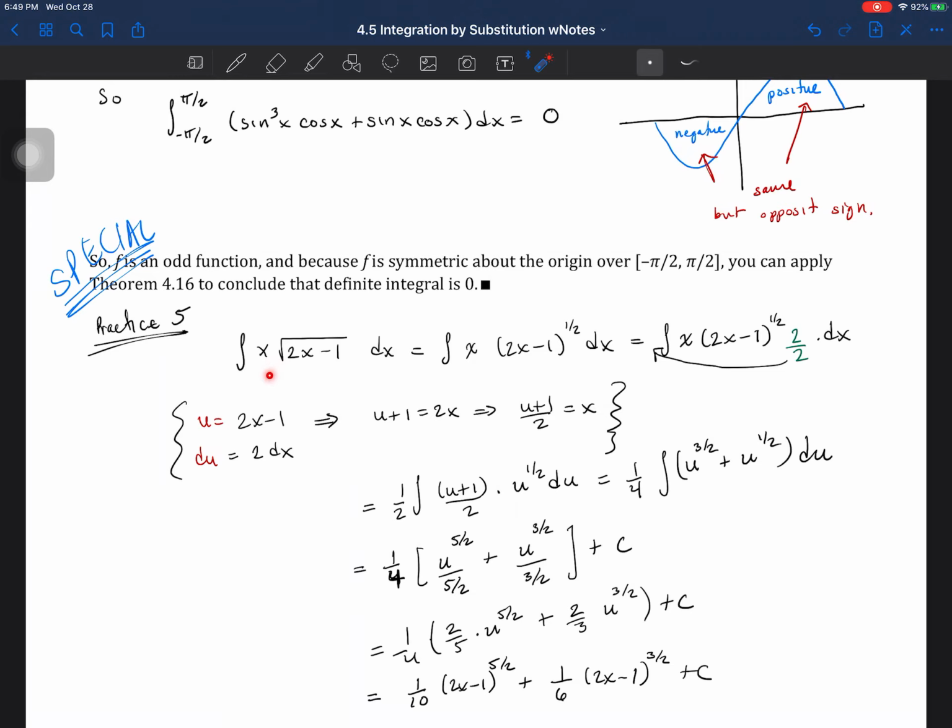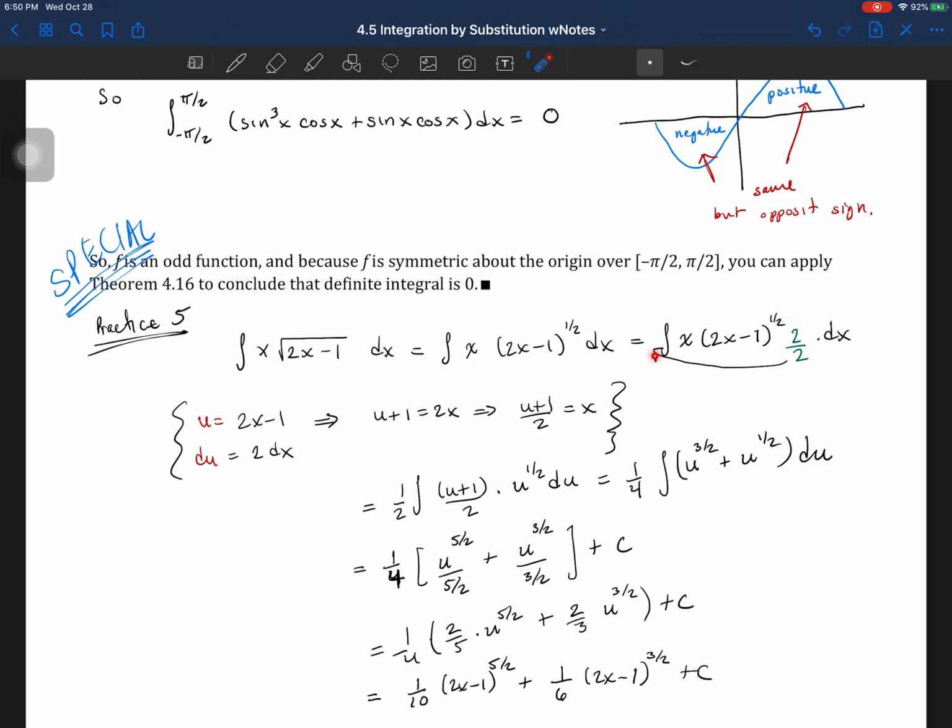The first thing is to rewrite this in power form. Then I recognize what's going to be my g function. My g function is going to be this, and my derivative, g prime, will be just 2. If you notice, I actually don't have the 2, but I can fix that by multiplying by 2 over 2 and then factoring out the 1/2.